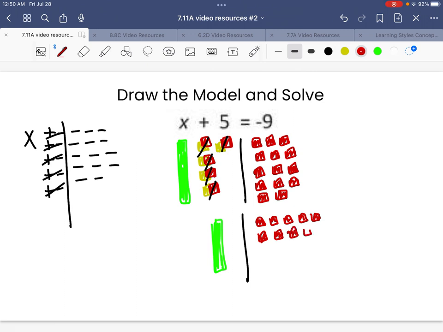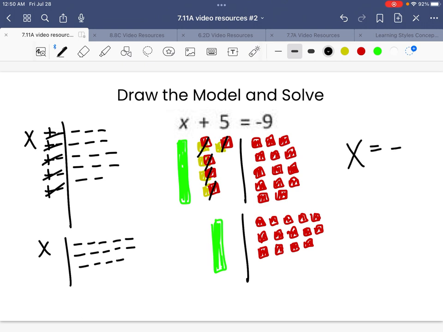Or if you prefer the left-hand representation, you can just write 14 minus symbols. So 1x is equal to 14 negatives. All right, thank you.